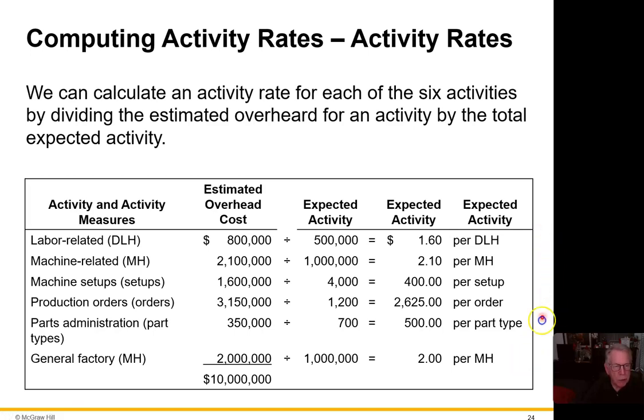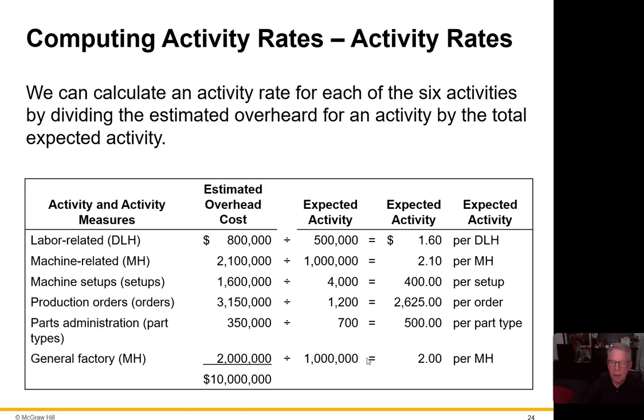Quite a variance in the expected dollars in by each activity. All right, and of course then we do our general factory based on machine hours, the same machine hours that we used here.